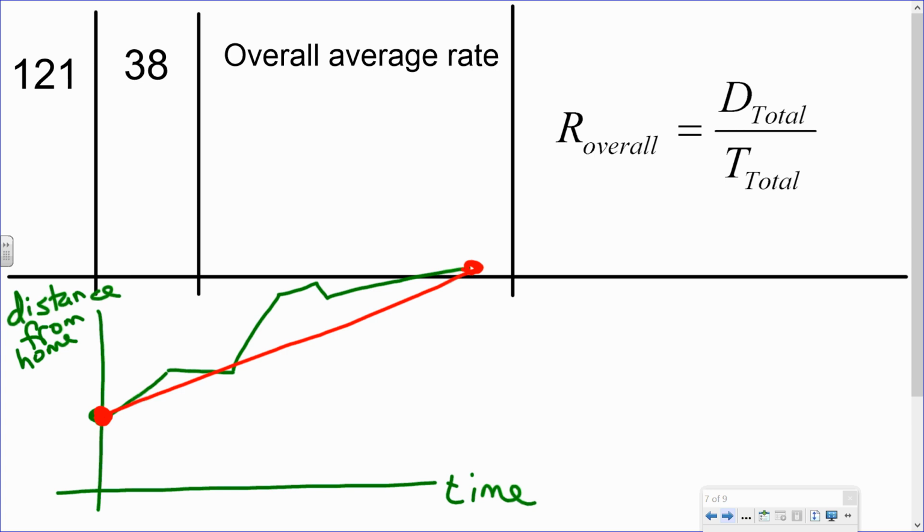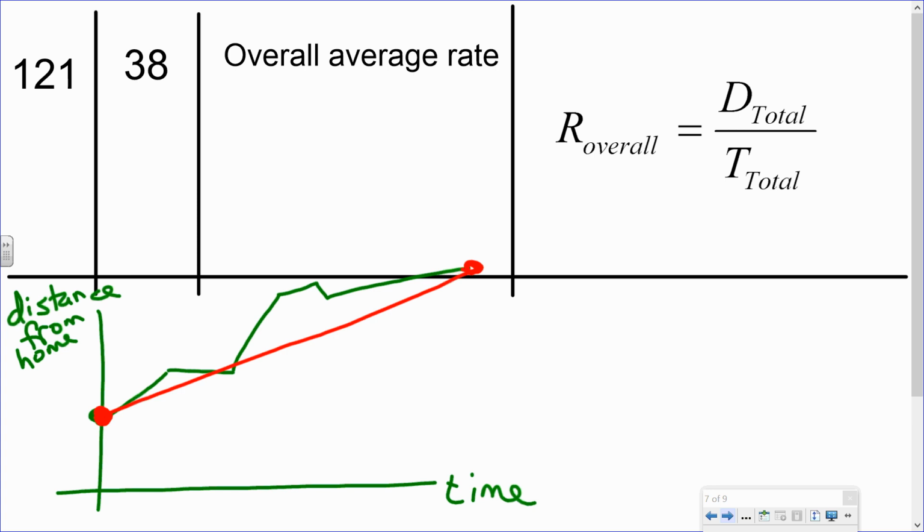I'm not going to take 50 plus 0 plus 75 and then divide by 3 or however many I have. Because maybe I was only going 75 miles an hour for 5 minutes. That should not be weighted equally to the 50 miles an hour that I was going for 7 hours. So how long you're at each speed makes a difference.